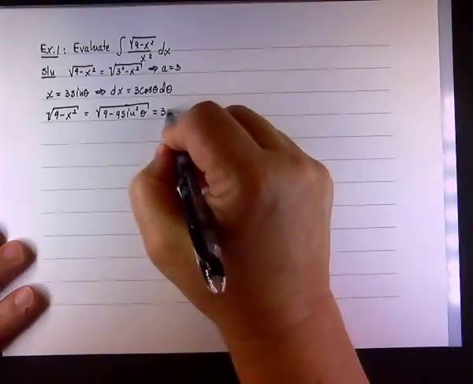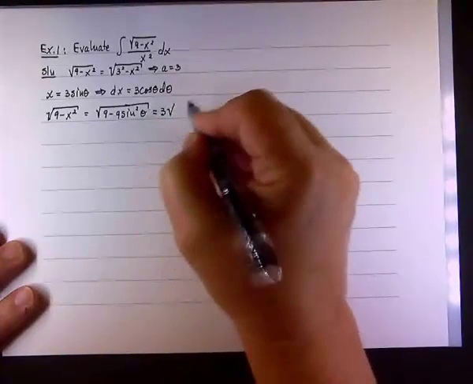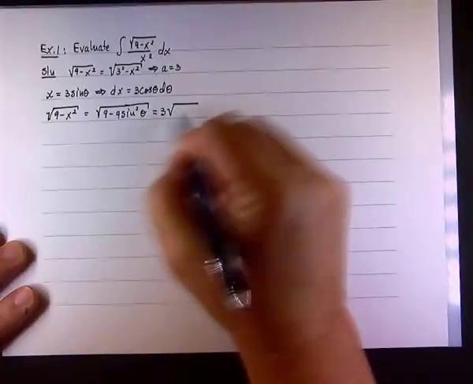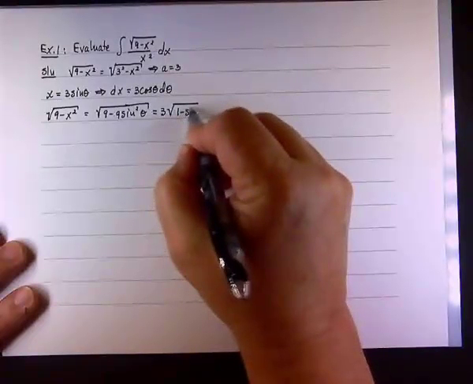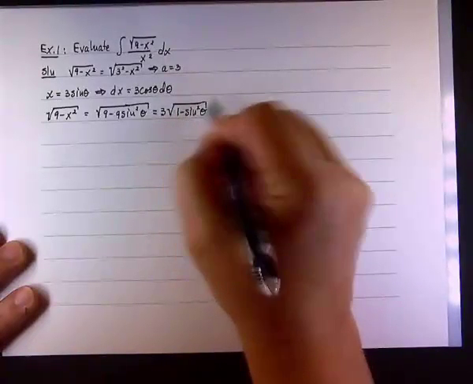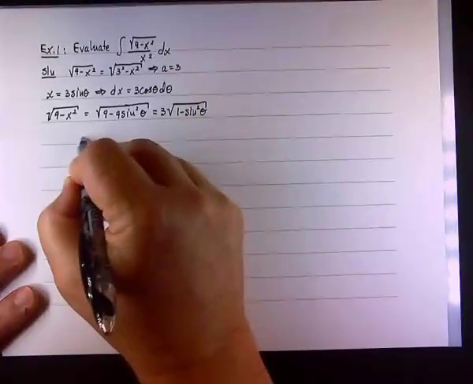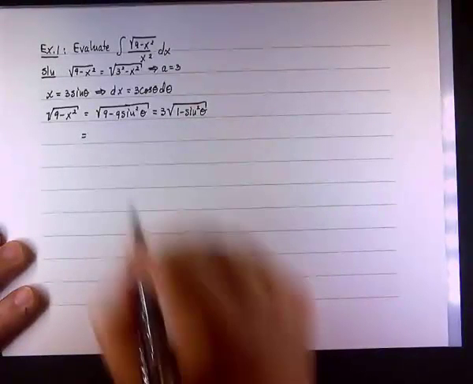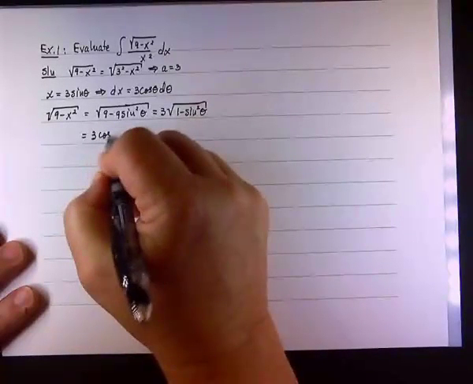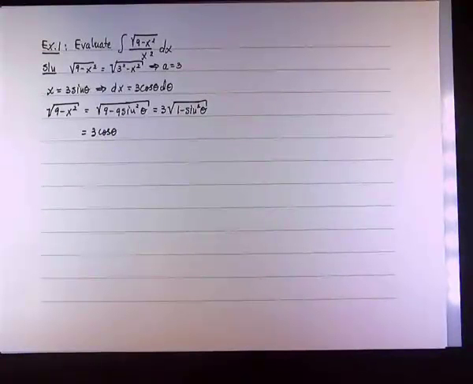Factor out the 9, the square root of 9 is 3, so we get 3 times the square root of 1 minus sine squared theta, and 1 minus sine squared theta is cosine squared, so we end up having 3 cosine theta.